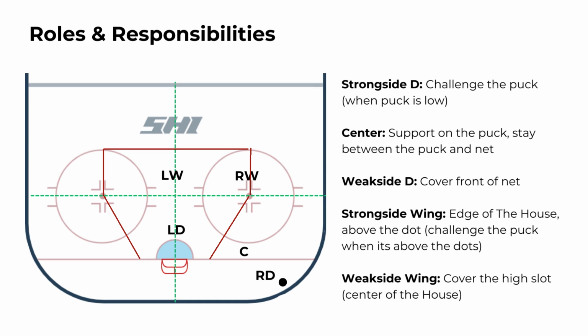We remember from the first video that the defender who's closest to the puck challenges the puck. When the puck is below the dots, that will typically be one of our defensemen. In this diagram, the puck is in the right corner, so the right defenseman is responsible for quickly challenging the puck. In part 1, we also discussed having a player supporting on the puck. This is the role of the center.